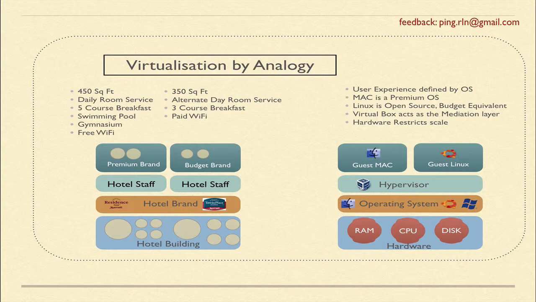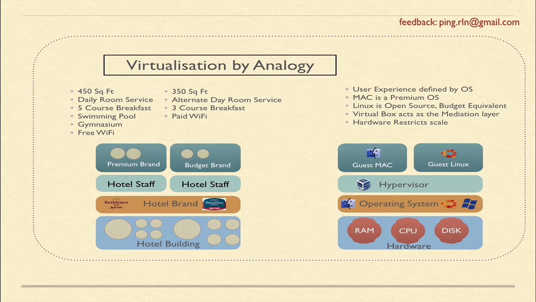I'll not go over the brand experiences in detail here, but it is available in the slide for one to look at and infer. So virtualization is basically providing the user experience of an operating system but on the same machine by hosting a hypervisor.